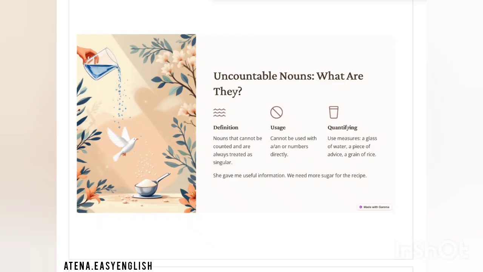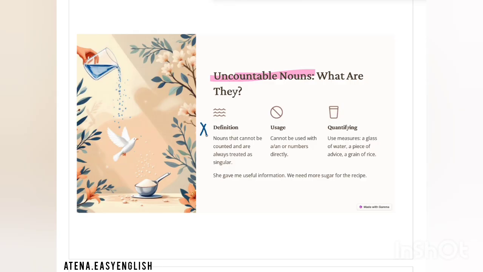Great. And now let's talk about uncountable nouns. What are they? At the beginning of the video, we said we cannot count them. You cannot add a or an or 1, 2, 3, 4 and the other numbers before uncountable nouns.